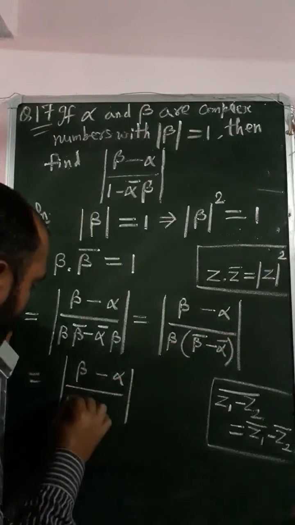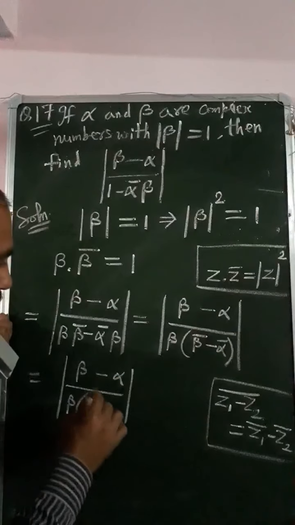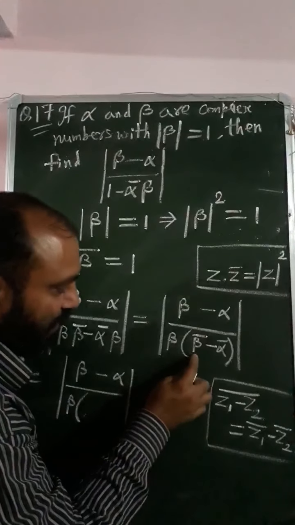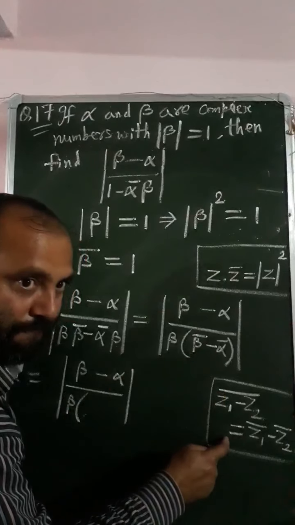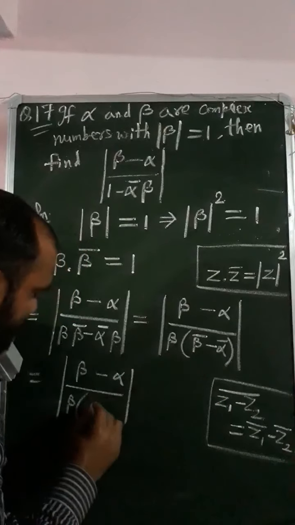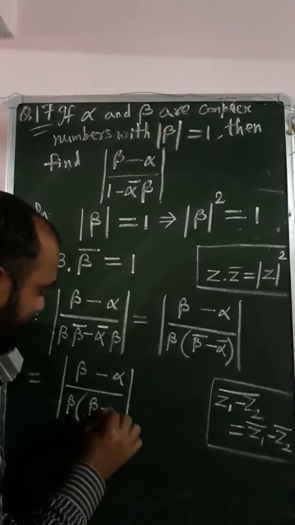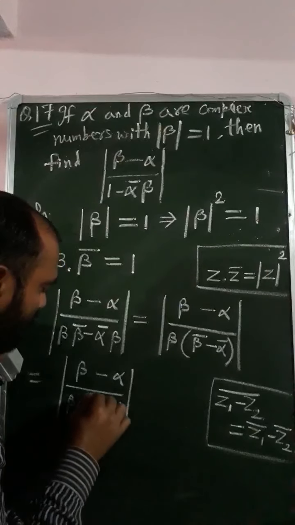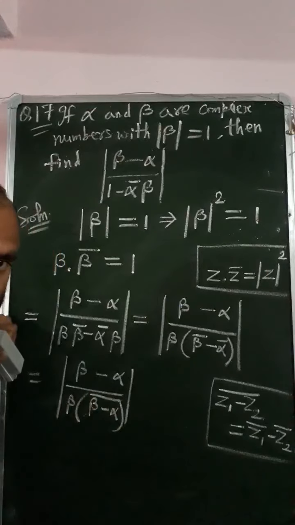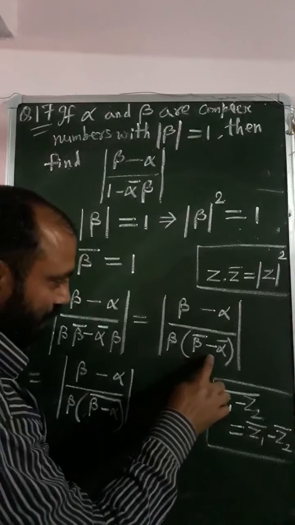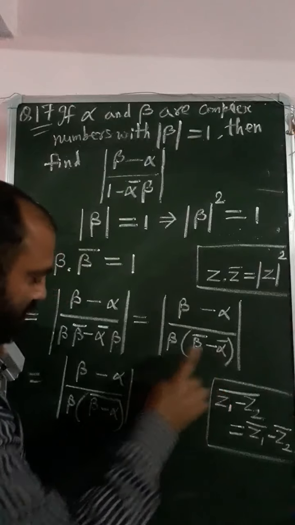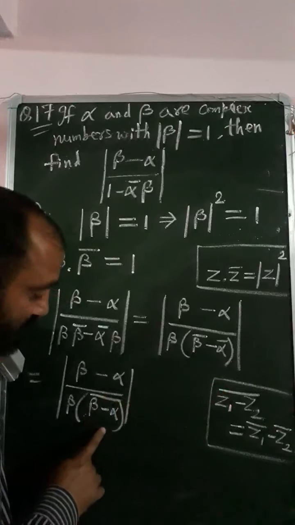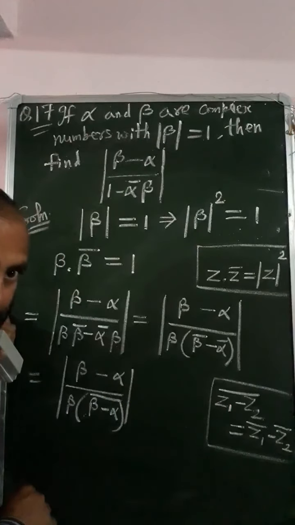Now beta is as it is, but in place of beta bar minus alpha bar I am using this property. I am combining these, so we get beta minus alpha whole bar, whole conjugate. Beta bar minus alpha bar is equal to beta minus alpha whole bar.